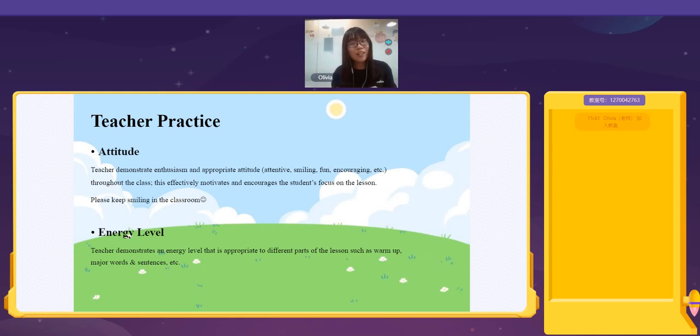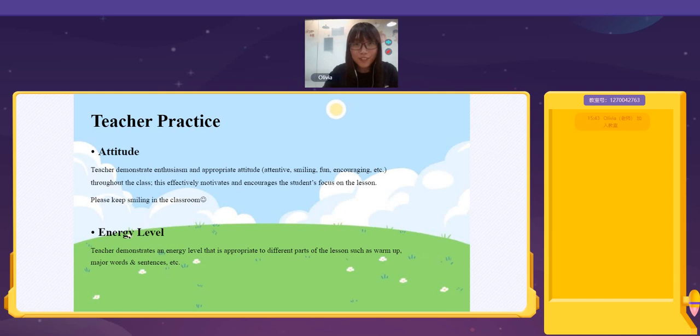They need teachers to be more energetic in the classroom, with high fives and a high tone to encourage them. But teachers need to control the energy level, not too much, because it will make the kids feel a little confused. Sometimes they don't understand why teachers are doing it.